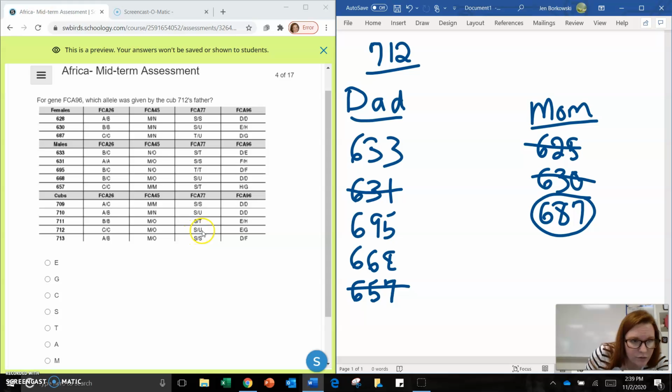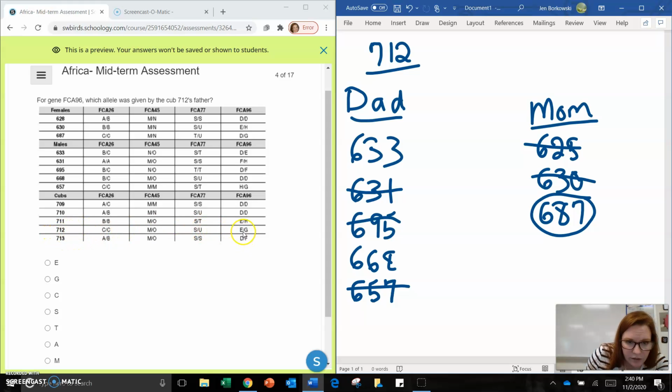S and U, and it looks like mom has a T and a U, so I had to have gotten S from dad. So 695 can't be it. All right, and we'll move on to the last one here.